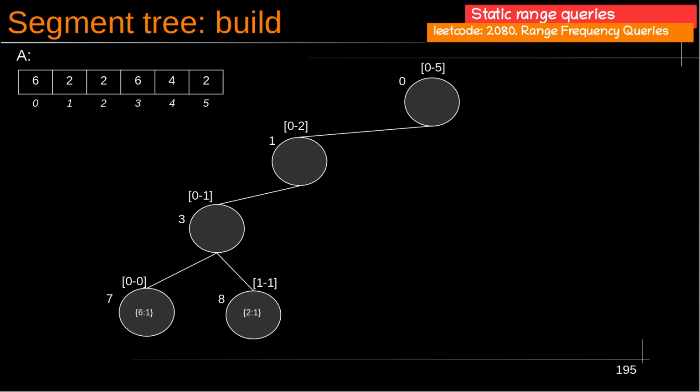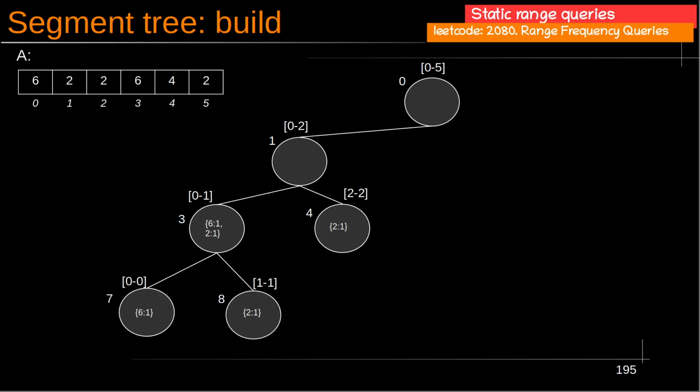Now we can merge them and put the result on their parent, which is that node. So we merge both results of the two leaves. And now from 0 to 2, we have the 2, 2 first, and the element in the array 2, 2, we have just 1, 2.